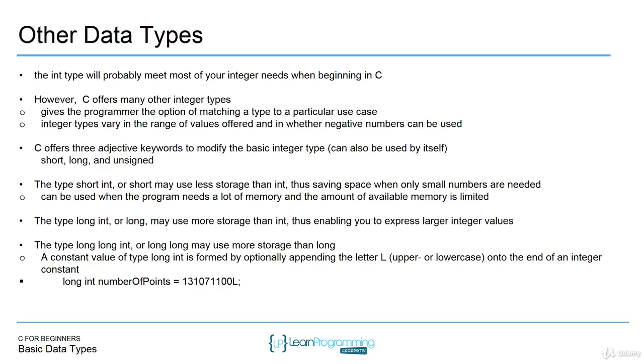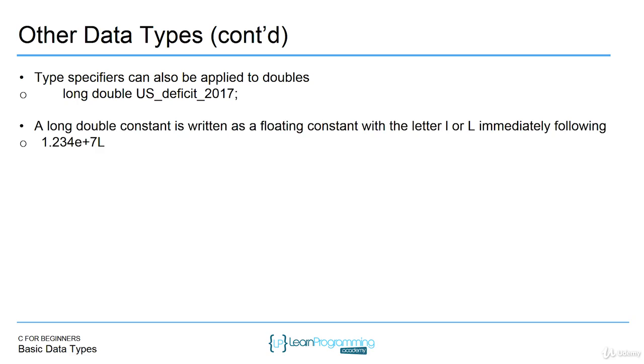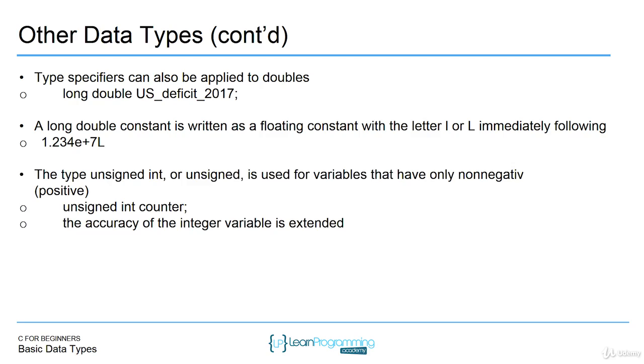You can also apply suffixes at the end to make sure that the compiler explicitly knows what you're dealing with. So type specifiers can also be applied to doubles, as I mentioned. With shorts and longs, you can say long double. And here we create a long double called USDefs 2017. For the long doubles, you can use the capital L, as I mentioned, or lowercase l, the same way you would with the ints.